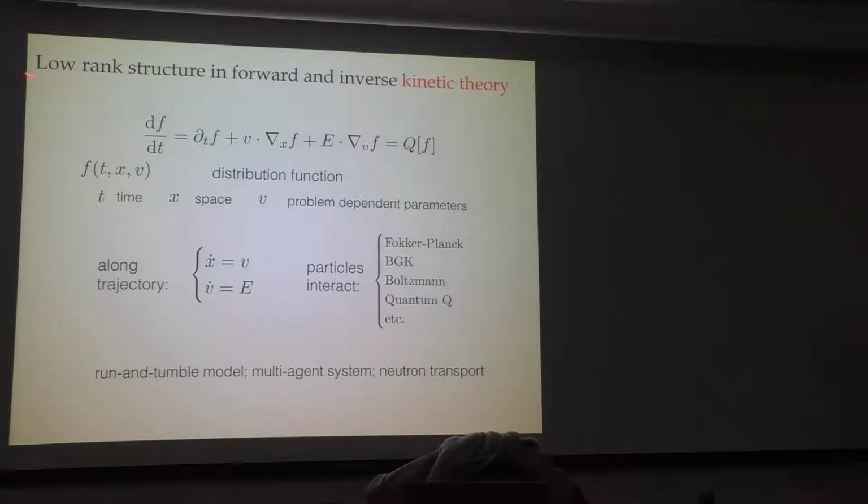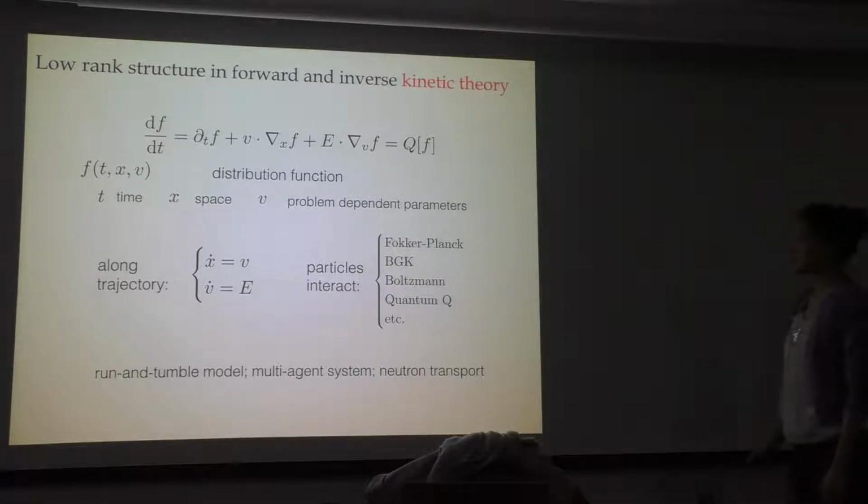And the equation is always like this. The dynamics is governed by x dot equals v and v dot equals acceleration, and particles interact with each other. So the left-hand side, these two terms, tells you the trajectory of the particle, and the right-hand side tells you how particles interact with each other.